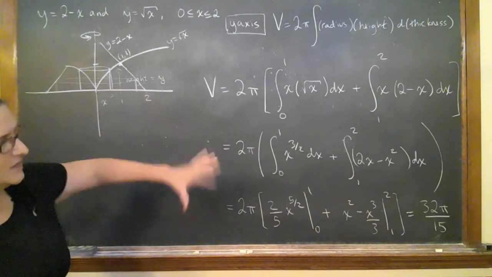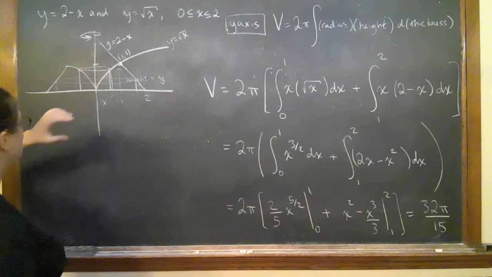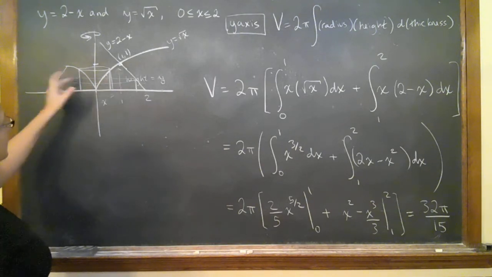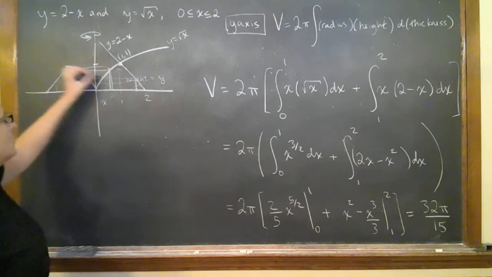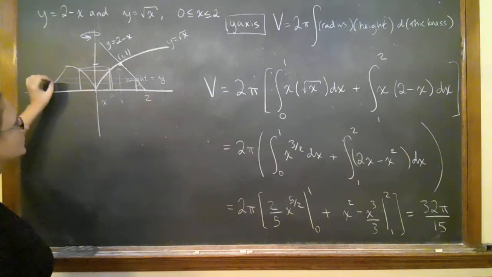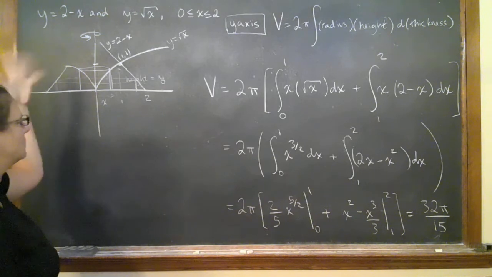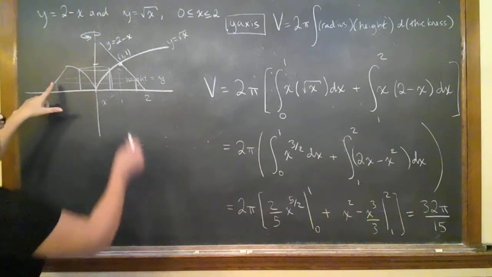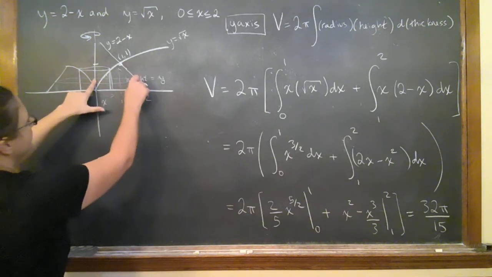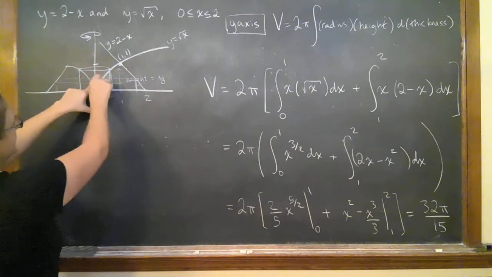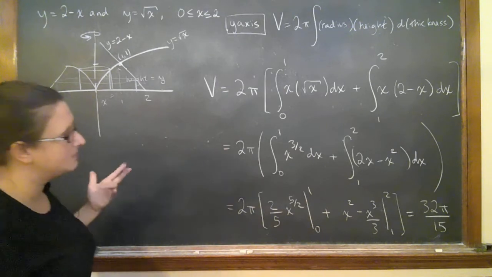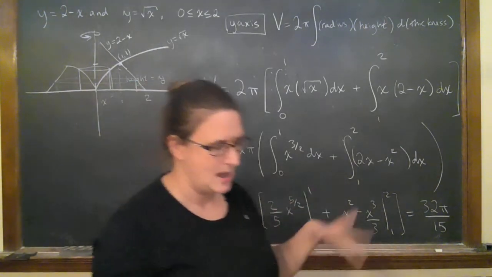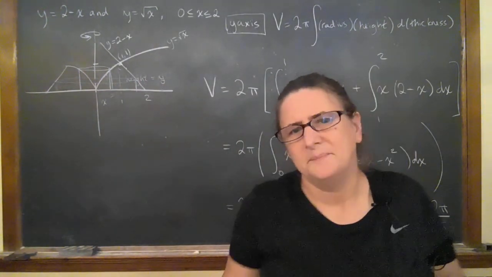In this case, similarly to the previous example, if I had done this with washers, I'd be integrating with respect to dy. Actually, this would be very easy to do with washers, because your outer radius is the line and the inner radius is the curve. So this would be a nice, easy washer problem rather than splitting it up into two.